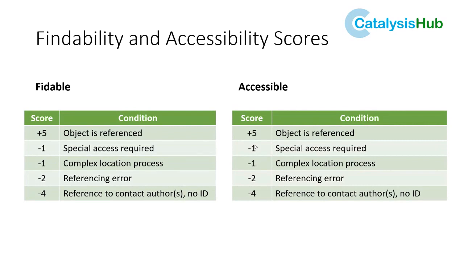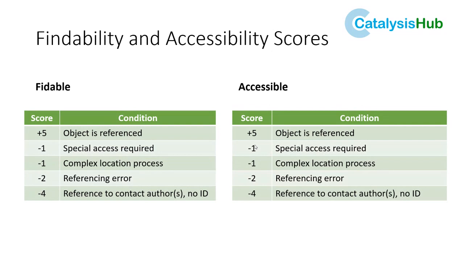If the location process is too complex, it's not straightforward, we deduct another point. If there is a referencing error, like the link points to something that does not exist, we deduct some extra points. If the reference only says you should contact authors and there is no ID, then we deduct 4 points.